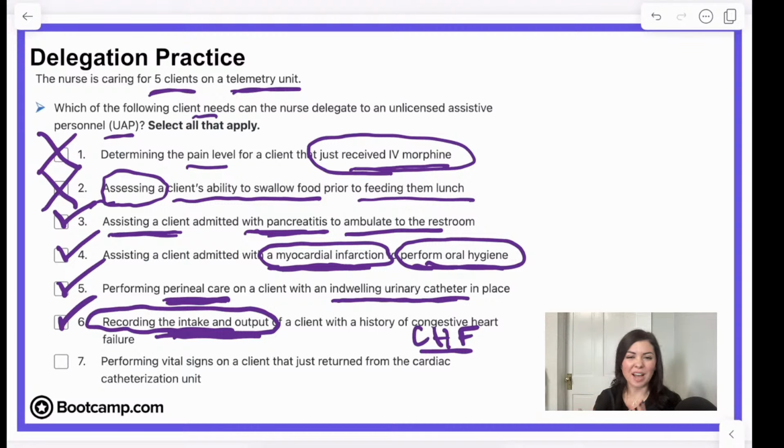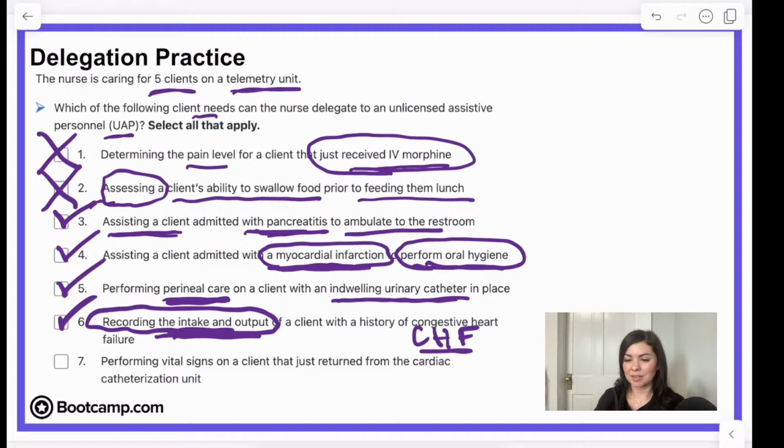Let me give you another example of when this would be inappropriate to delegate, just so you kind of know what to look for when you're doing an exam. If it said recording the intake and output of a client with a history of CHF who has pink frothy sputum. What does pink frothy sputum indicate? I'm going to let you know that's a big red flag. If you ever see a test item that says a client has pink frothy sputum, that's a very bad, very ominous finding.